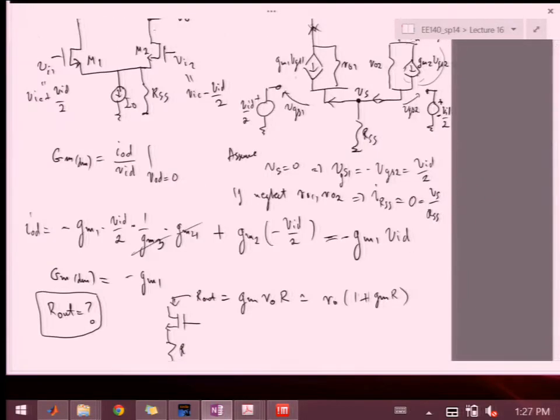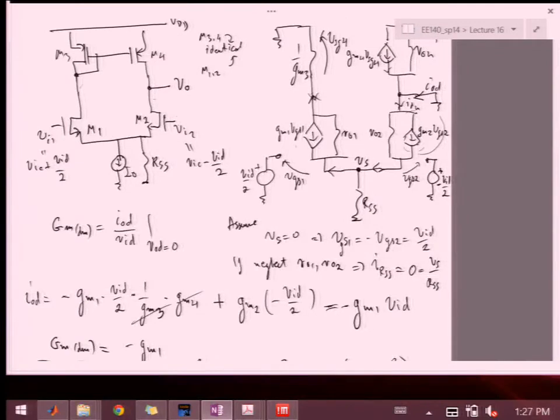Now, if you take a look at this circuit over here, if I say I don't care what happens with this branch high up, so I'll try to estimate my R out by looking down and then looking up. Okay, so if I unplug this branch and I'm just looking down, what do I see? I see a transistor.